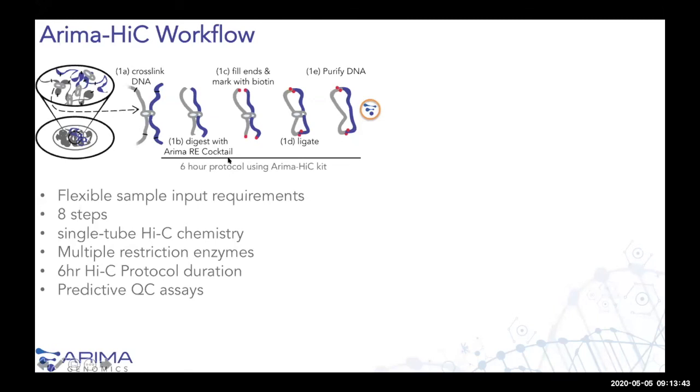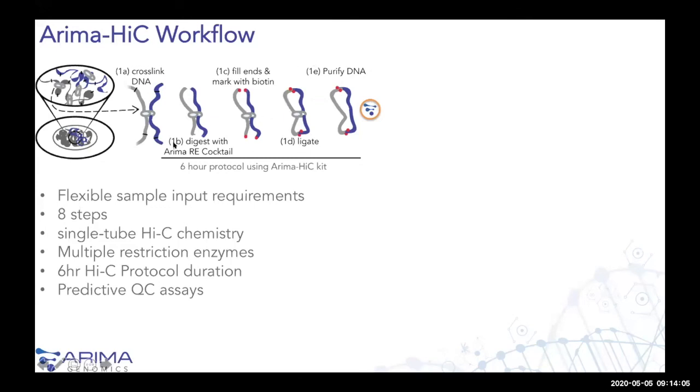This whole process, which we refer to as Hi-C, is completed in 8 simple steps. The entire process happens in a single tube. You just keep piling on reagents from the minute that you lyse your cells through the final purification of DNA, which is quite nice that there's no spinning or anything that would be susceptible to sample loss.